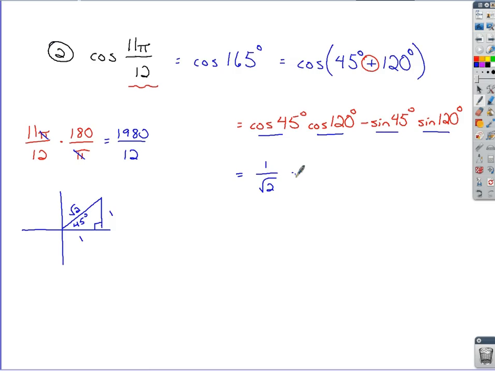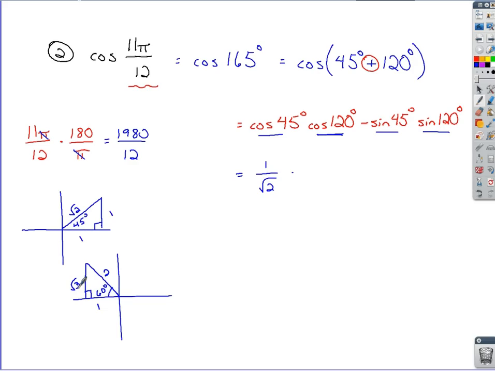But for something like the cosine of 120, if you draw that out, we know that 120 degrees is going to be in the second quadrant. And we know the reference angle is going to be 60 degrees. So as we build this triangle in the second quadrant, the reference angle here is 60. This side would be the shortest, that'd be 1, hypotenuse 2, and there's root 3.